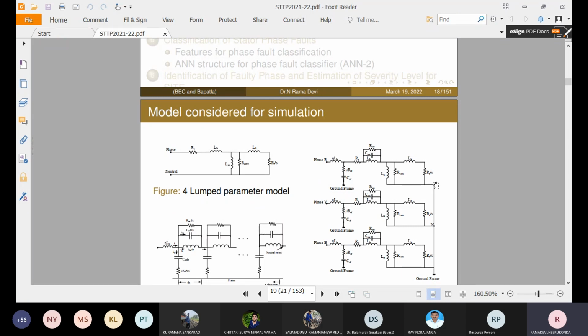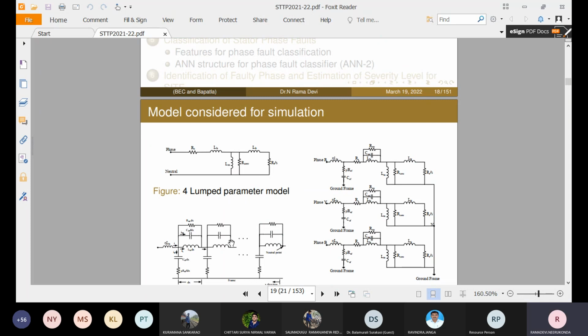As per the IEEE standard, that model is called 112. The behavior of the motor under low frequencies is described making use of this lumped parameter model, which is used for analyzing the behavior of the motor under low frequencies.